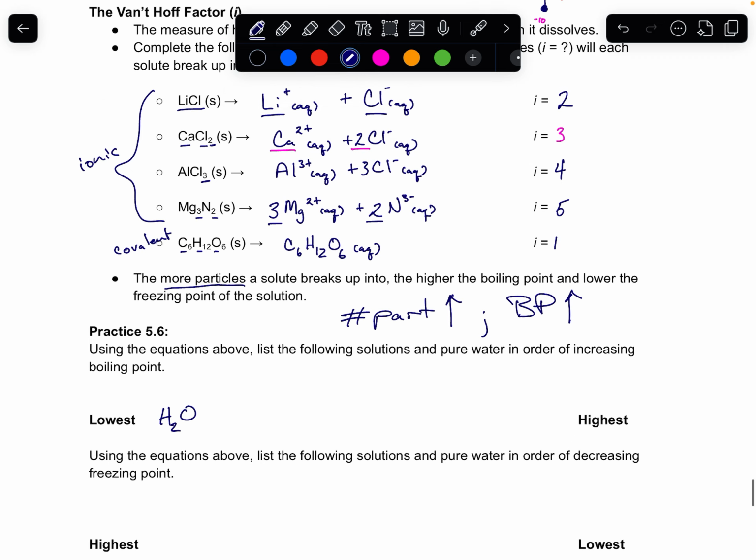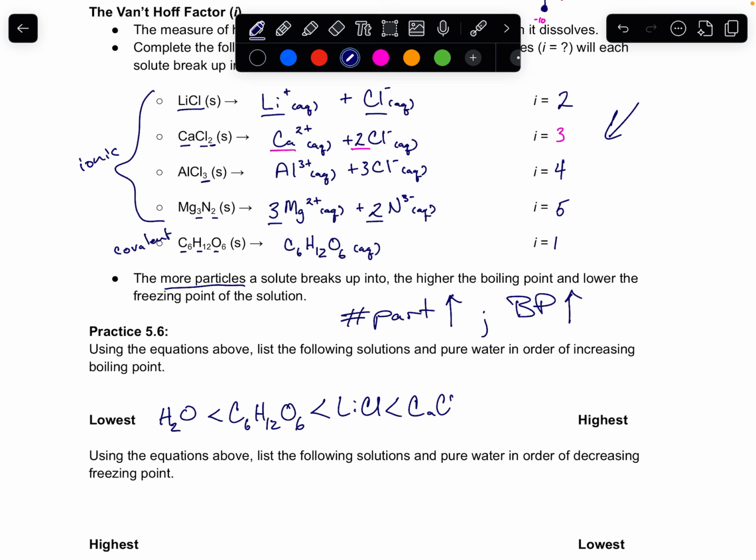Okay, so then I'm just going to put these in order. I'm going to look at those I values over here, and I'm just going to put them in order from the lowest to the greatest. Okay, so my next one is going to be the C6H12O6 because it has an I of 1, right?